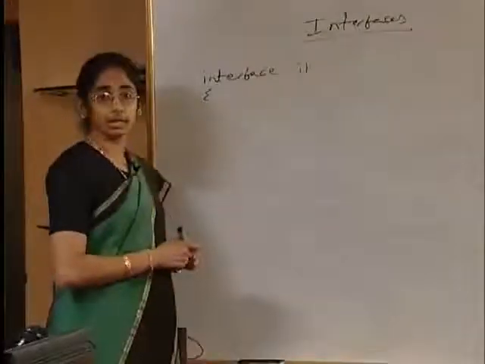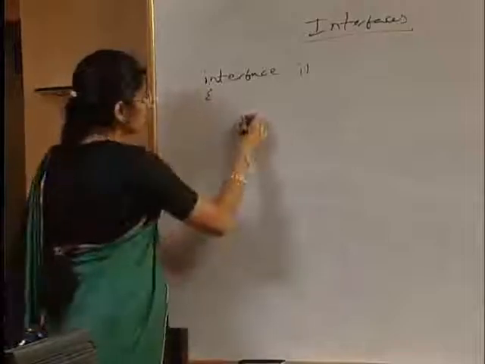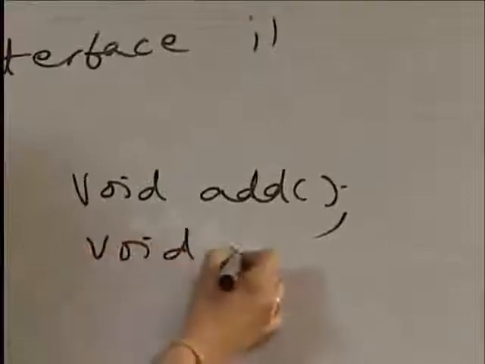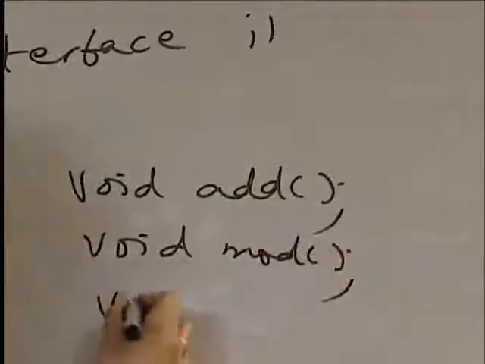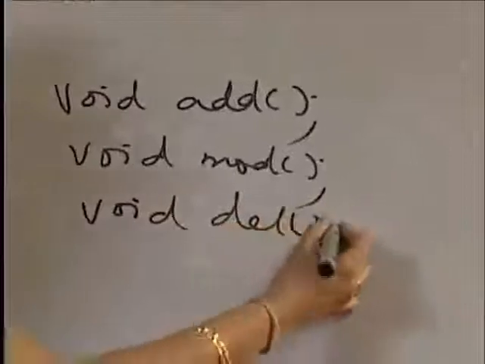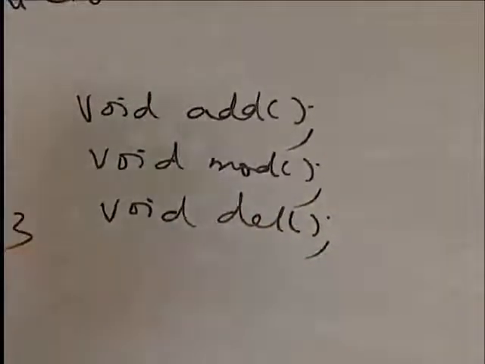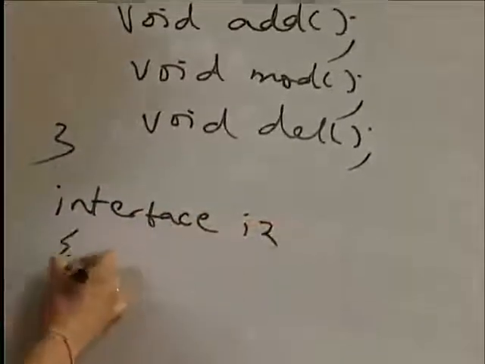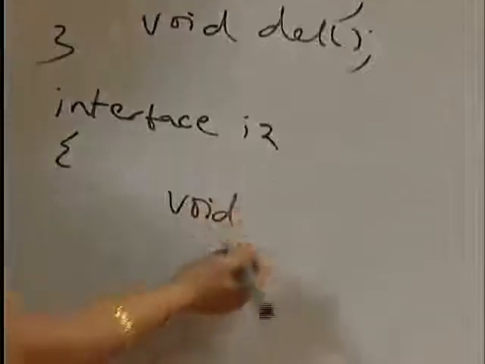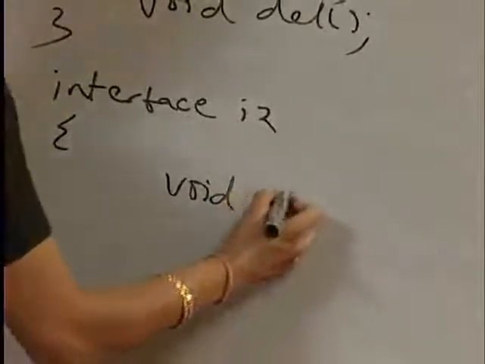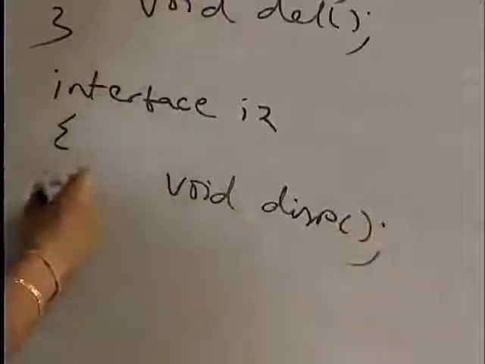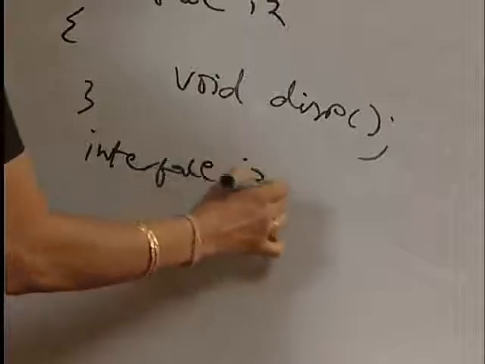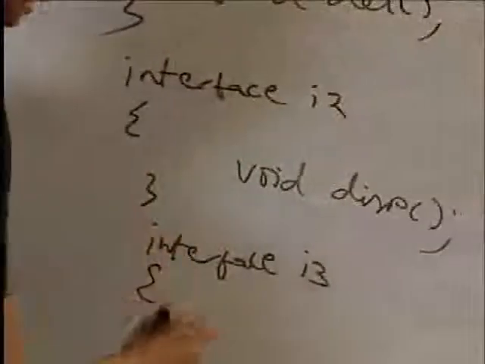Let's say in interface I1, we declare methods called add, mod, and del. And we define an interface I2 with a method disp, and interface I3, in which we will define a method called query.